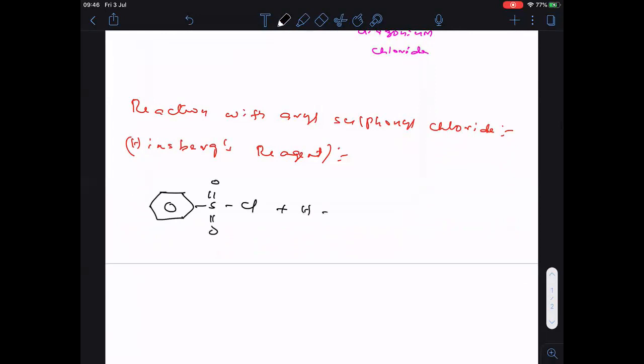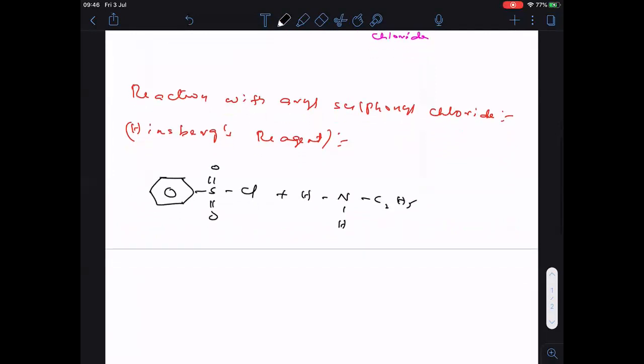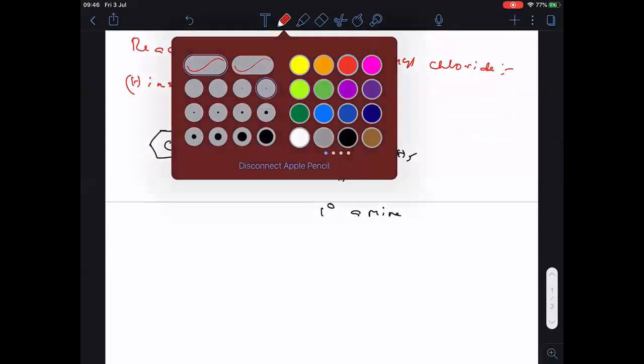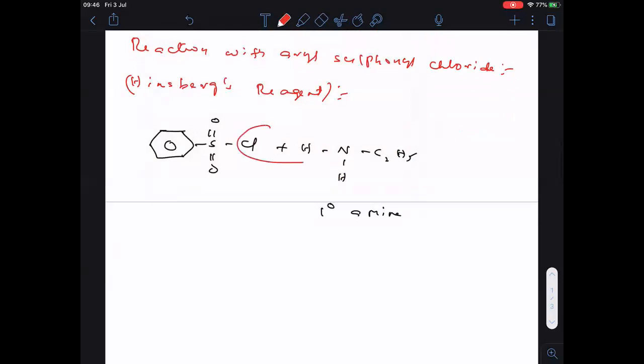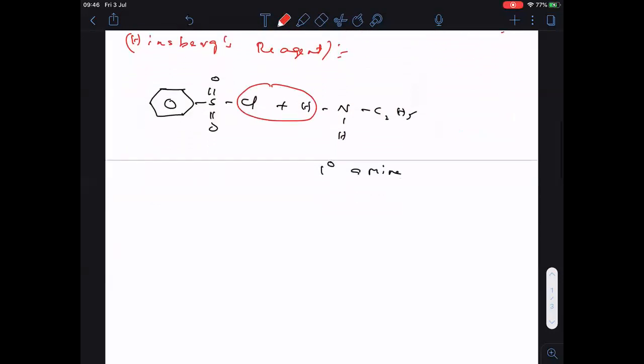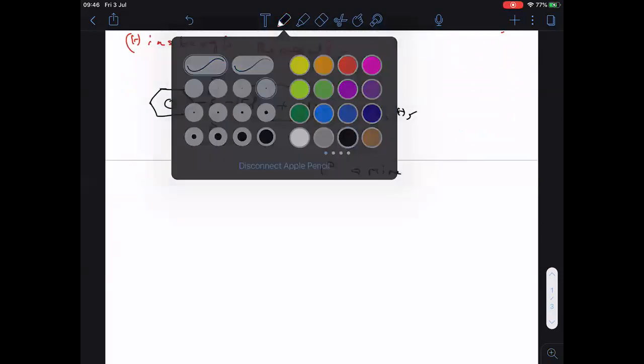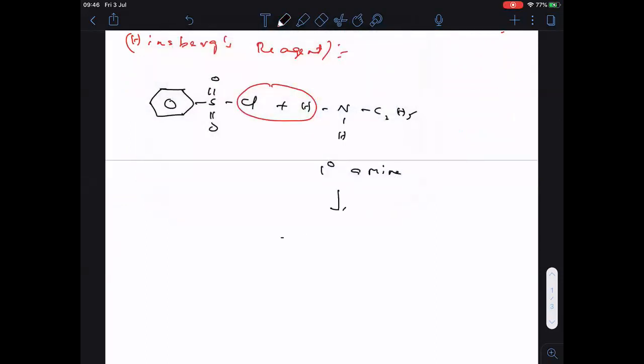So this is the aryl sulfonyl chloride, Hinsberg reagent. Now, when it is treated with a primary amine, clear? Now what happened? Here HCl is removed. So what is the final product formed here?